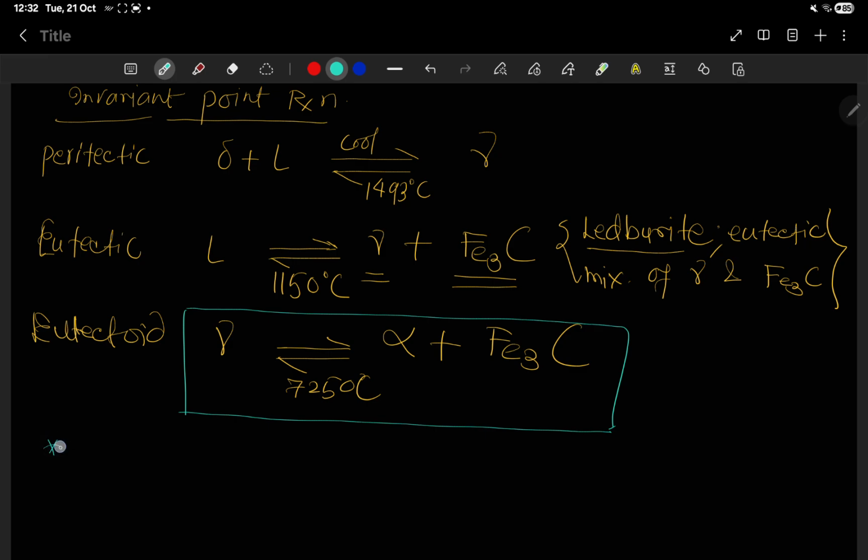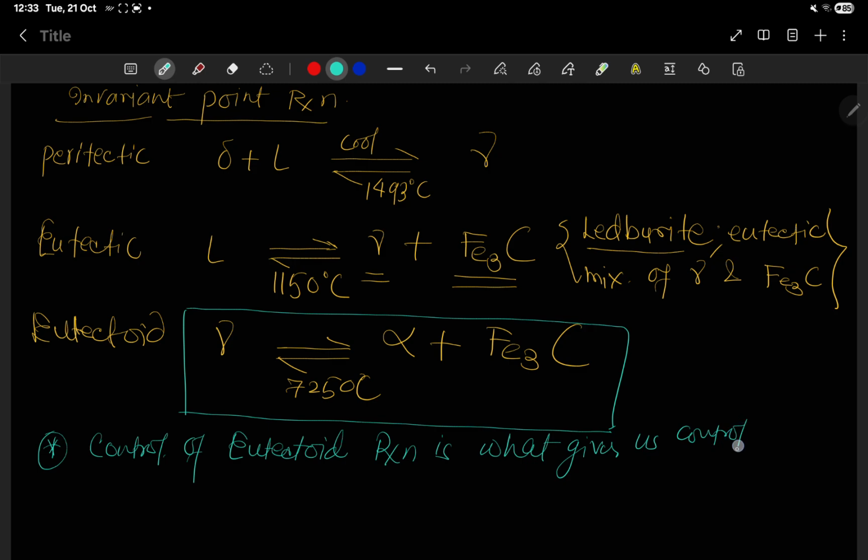The funda is that control of the eutectoid reaction gives us control of the microstructure of steel through various heat treatments.